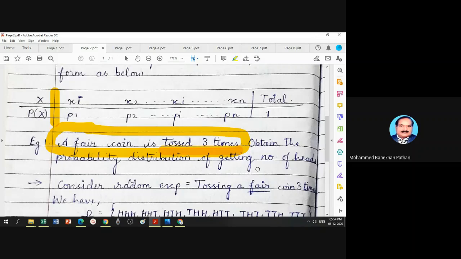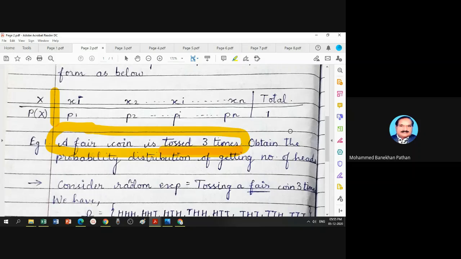Before closing, I will revise what I taught you today. At the beginning, I said univariate is nothing but the study of one variable. Then I defined a random variable with the help of mathematics knowledge.